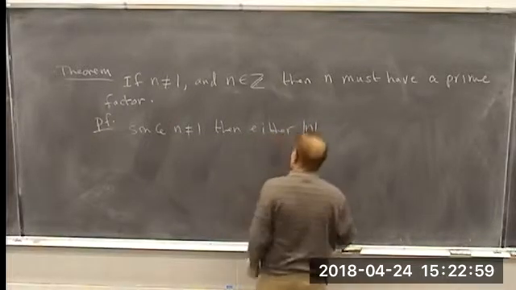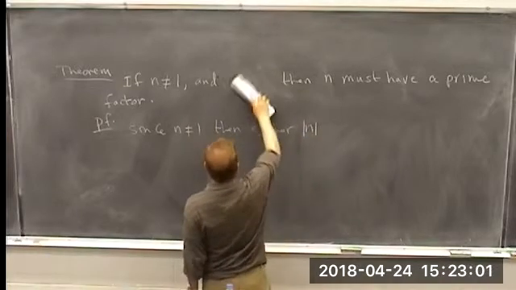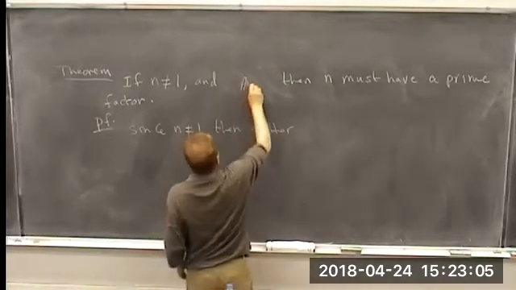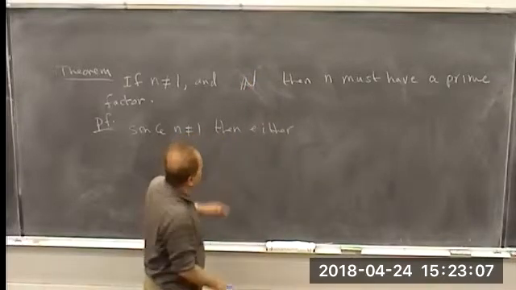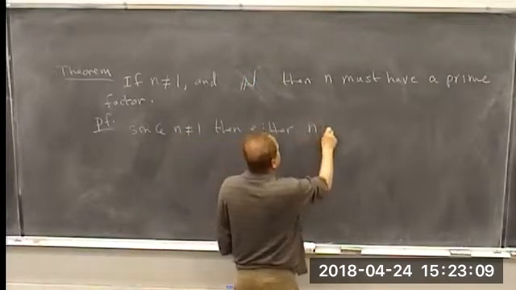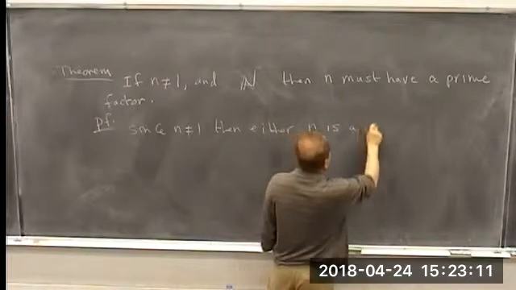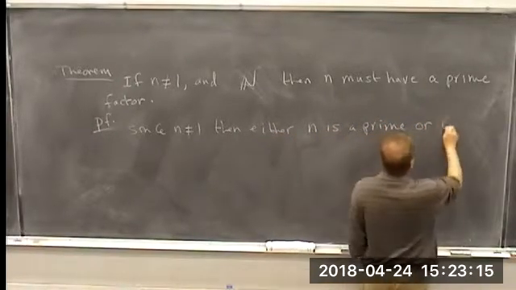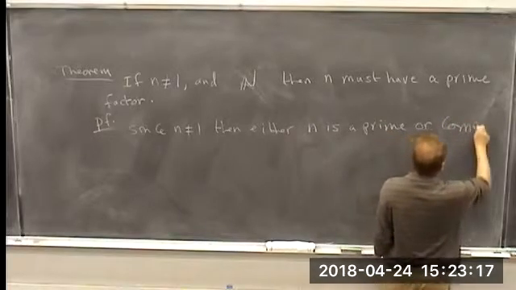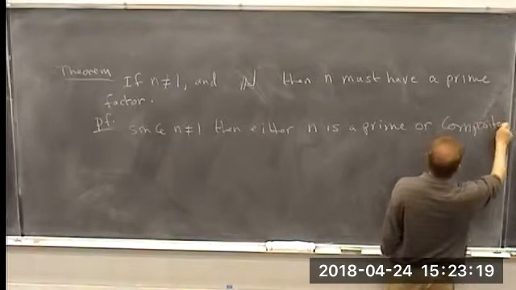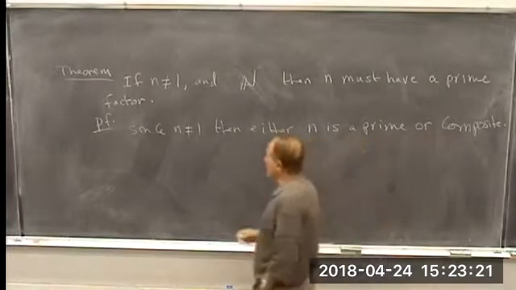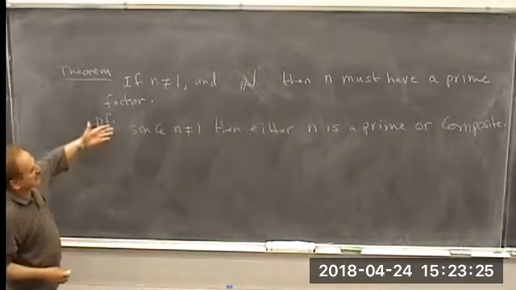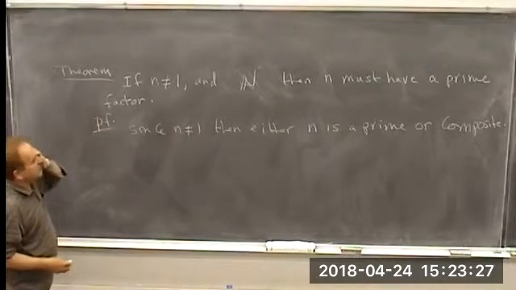Let me take this to be just natural now. All right. And then n is either a prime or composite. Once again, if n is a prime, we are done, because then n is the prime factor of itself.